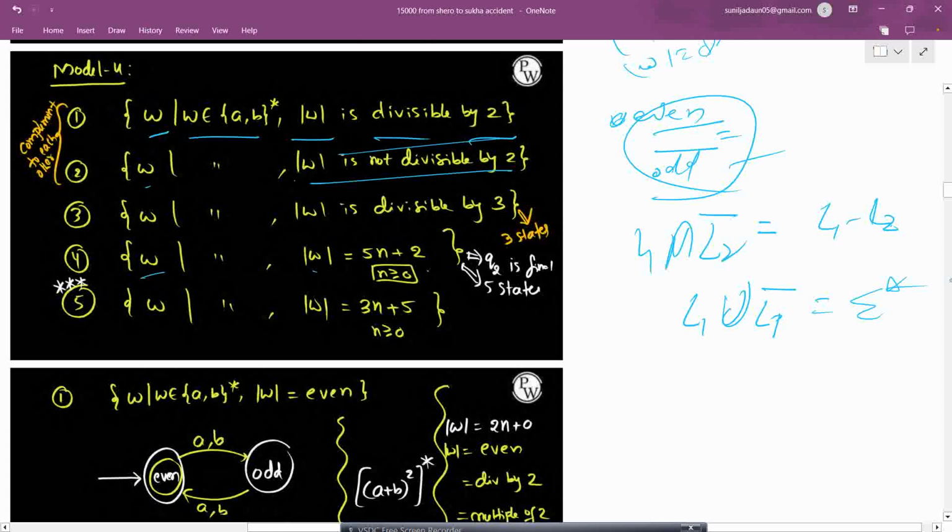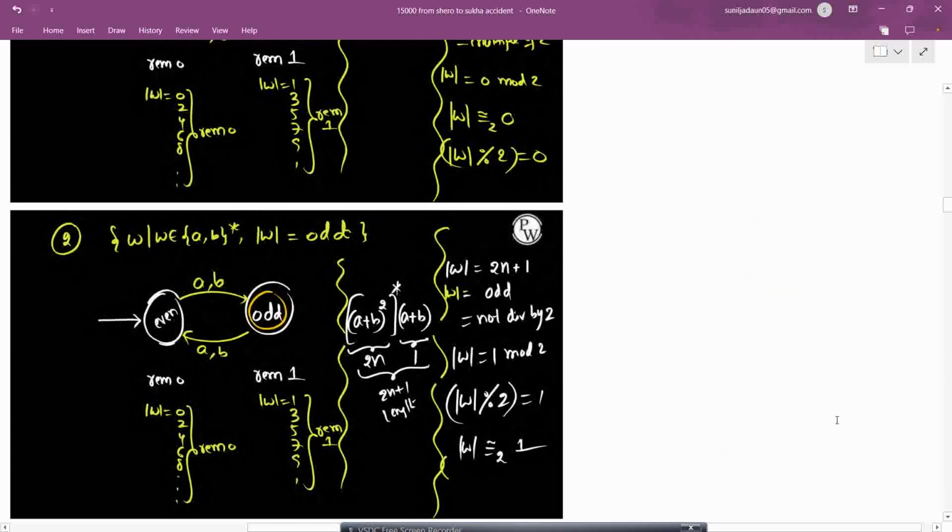And length of W is 5n plus 2. So what does 5n plus 2 mean? When n is greater than or equal to 0, when n is 0, the value would be 2, so the minimum length is 2. When n is 1, then 7. If we divide it by 5, the remainder would be 2 again.